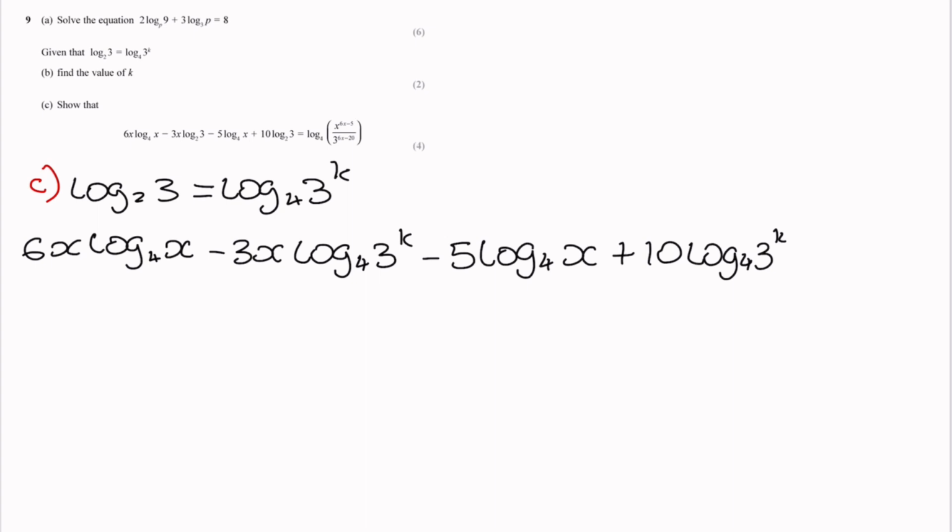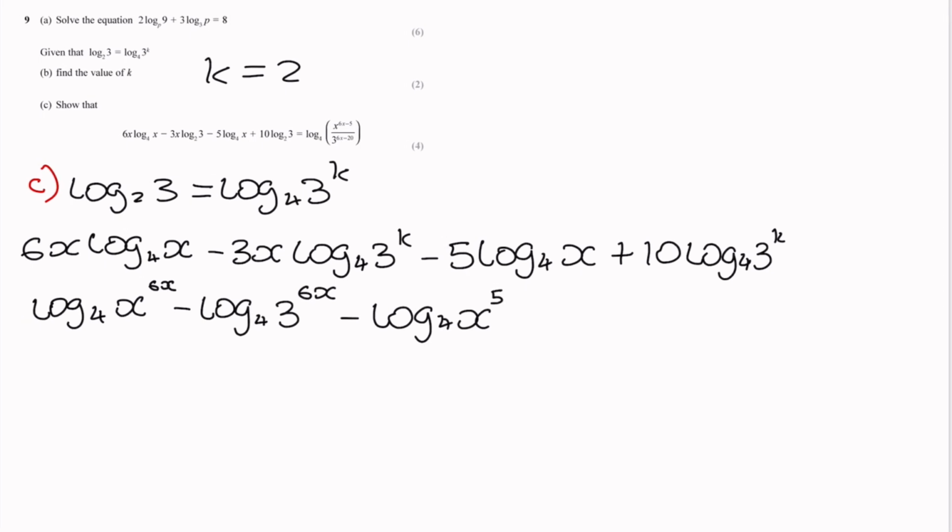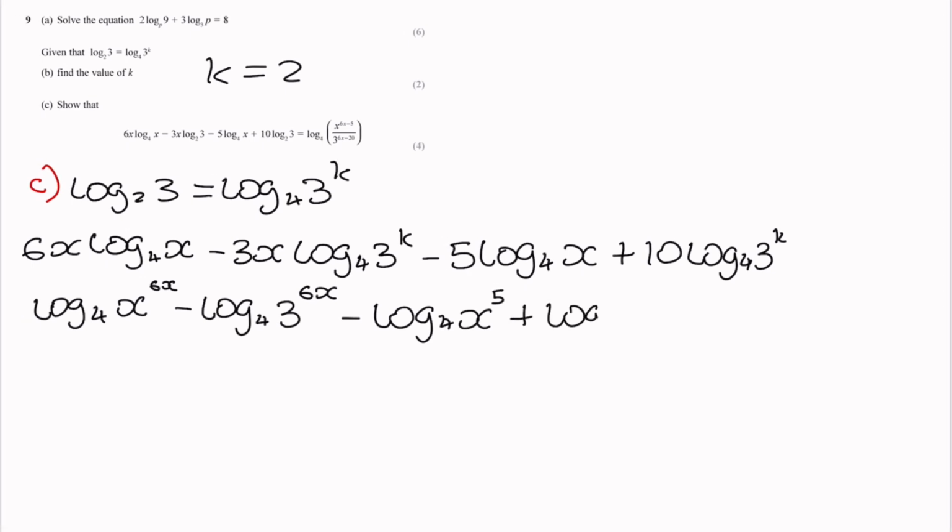So I can rewrite the first one as log to the base 4 of x to the power of 6x minus log to the base 4 of 3 to the power of 3kx, but we found the value of k in part B. K was equal to 2, so that's going to be 3 times 2 times x, so that's 6x, subtract log to the base 4 of x to the power of 5 plus log to the base 4 of 3. K we know is 2, so that's going to be 2 times 10, which is 20.